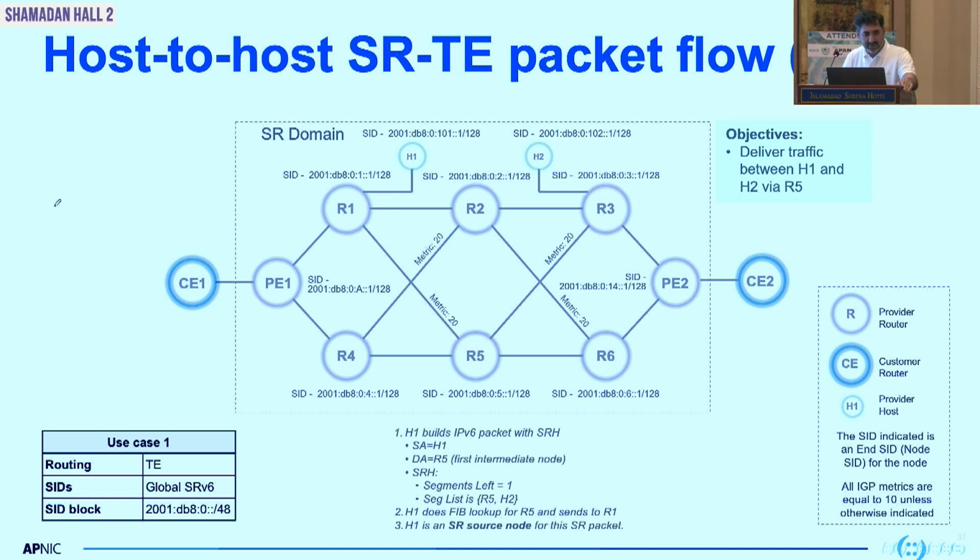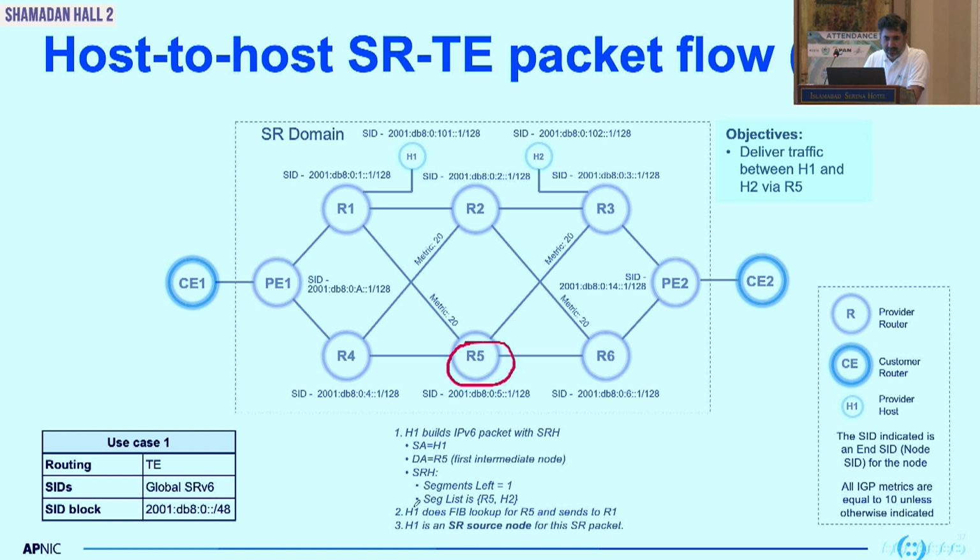So this is our objective. In this case, since H1 and H2 both support segment routing, H1 can build the segment routing header packet. It will put its own address as the source address and the R5 address as the destination address, because we want the traffic to pass through R5. The ultimate destination is H2.